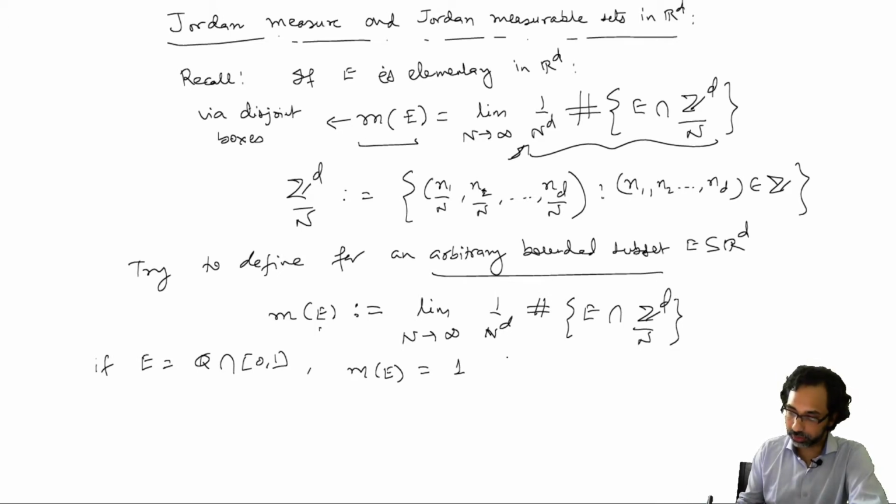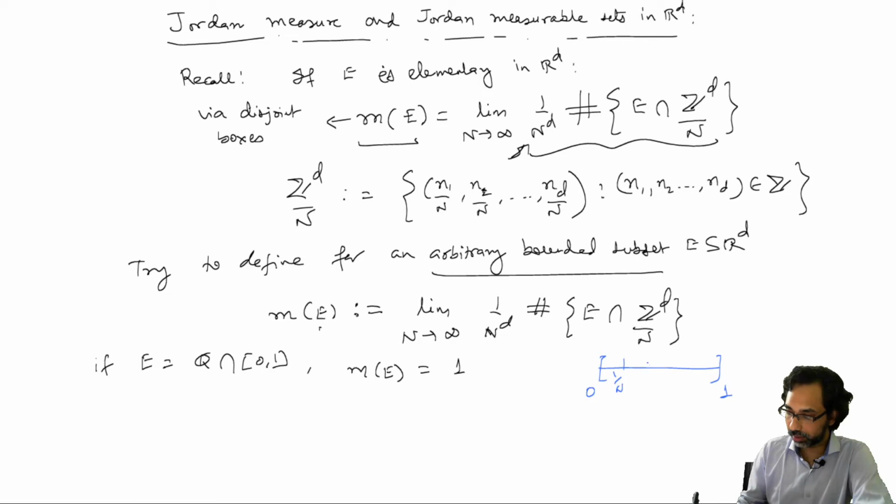This is for d equal to 1, and so we have this interval 0 to 1, and for any fixed n you are dividing this interval into chunks of length 1 by n, and so these points 1 over n, 2 over n up to n minus 1 over n belong to this set E intersection Z over n, and so we will have how many points? 1, 2 up to n minus 1, but you will also have to consider these 2 points.